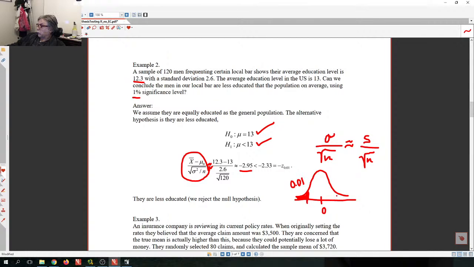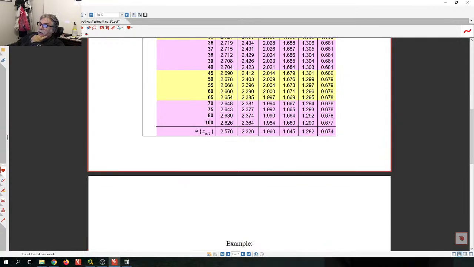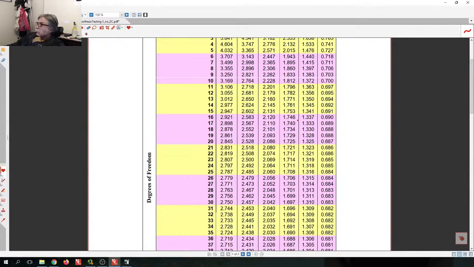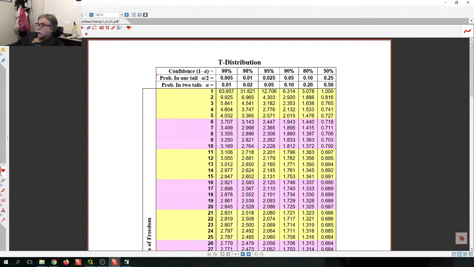Okay, now I do remember when you have a central area of 98%, you get 1% here, 1% here. This is what we are looking for. What's that critical value with 98% central confidence? That would be 2.326. And again, you can look at the tables. Probability one tail, in this case left tail, is 1%.